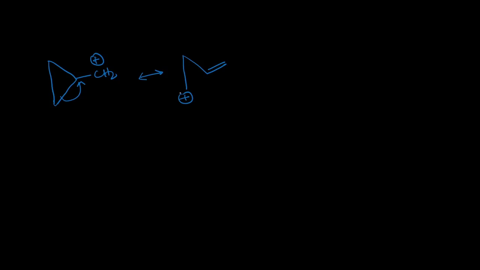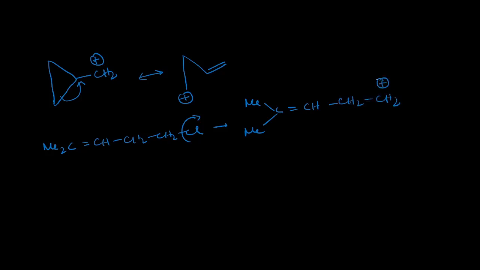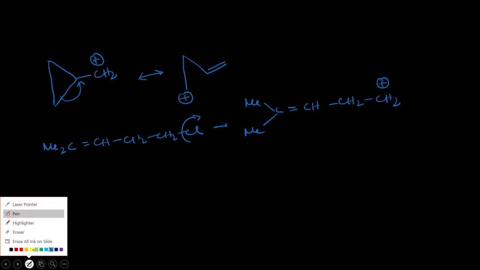Now if we see the molecule closely, the molecule is given like this: Me2C double bond CH CH2 CH2 Cl. After elimination of this Cl, we will get double bond CH CH2 CH plus. So this is our final intermediate after elimination of the leaving group.